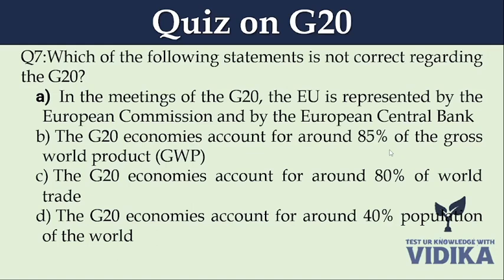Option C. The G20 economies account for around 80% of world trade. Option D. The G20 economies account for around 40% population of the world.